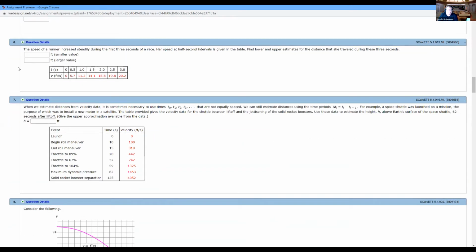Here we go. Question 6 is a table question. Can you see the numbers? Looking at that table, tell me what delta t is. 0.5. Agreed.